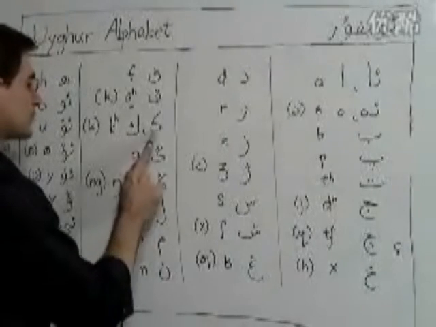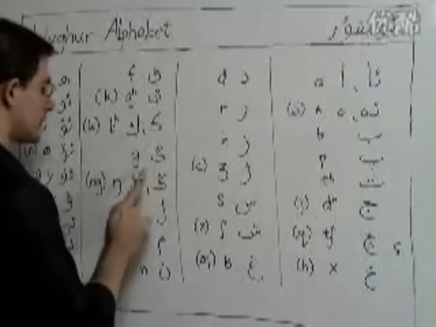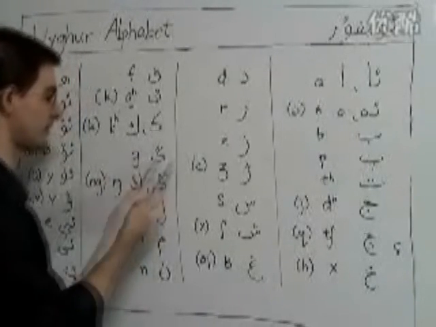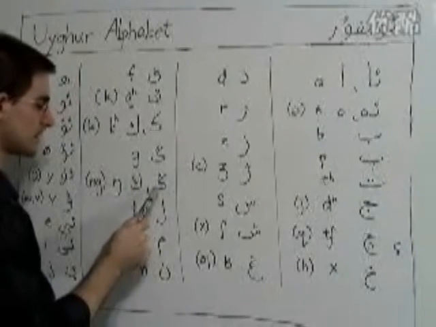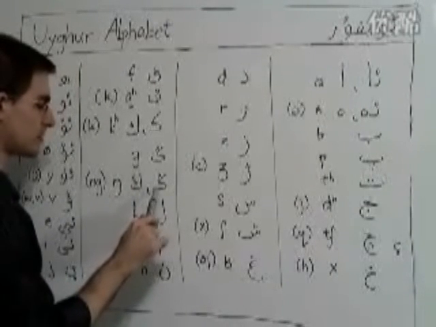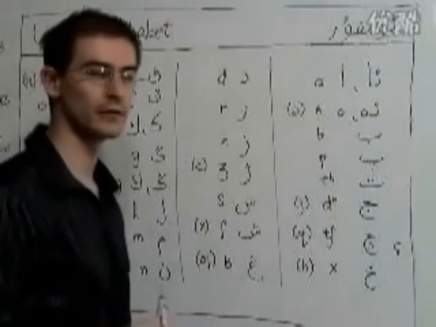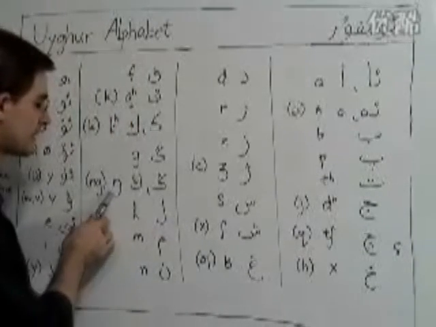Okay, the next one, this K is the same as in Arabic. G here is the same as used in other languages other than Arabic. Now this one is probably unique to Uyghur. It's an NG sound, or ung. The name of this IPA character is engma.